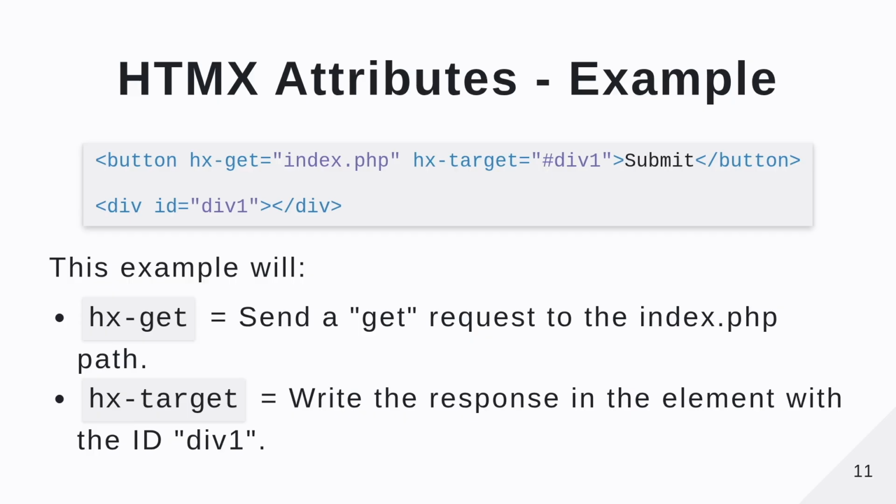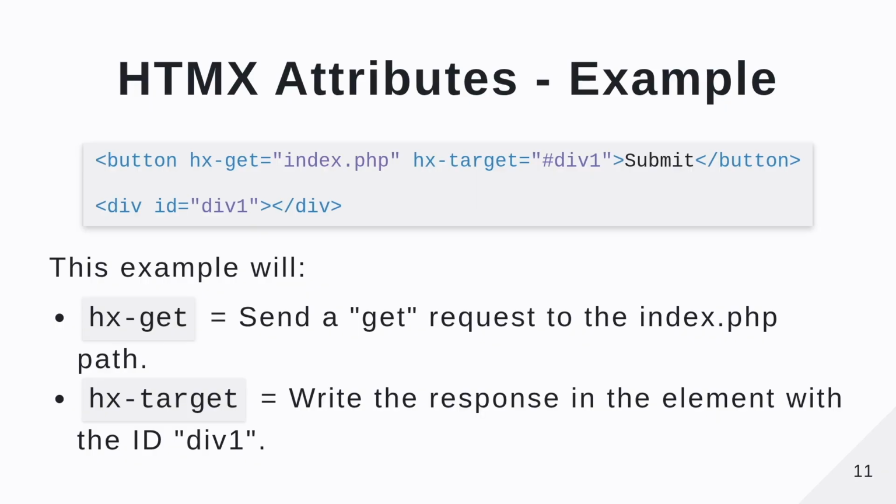So for example, here we've got a button with hx-get. So hx-get means we're going to make a GET request to this index.php file, and because it's a button, it's triggered when the button is clicked. So it sort of automatically detects it's a button and will add the trigger element to that.